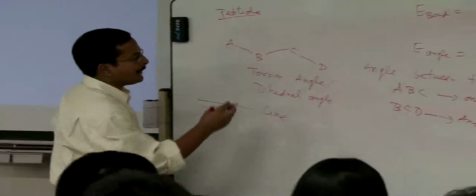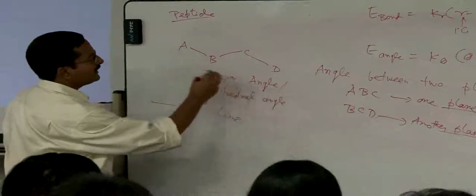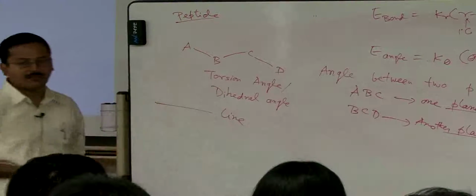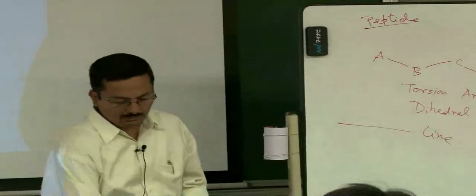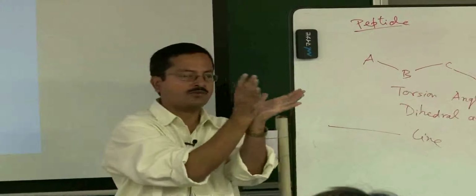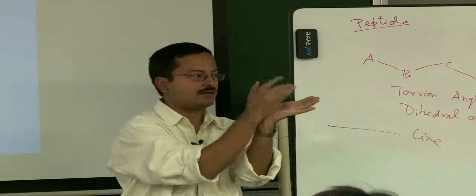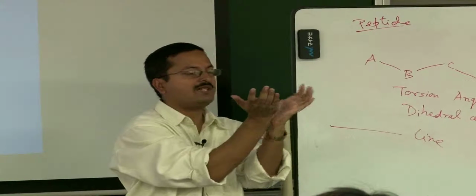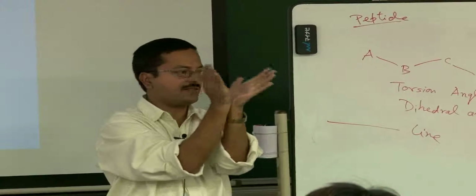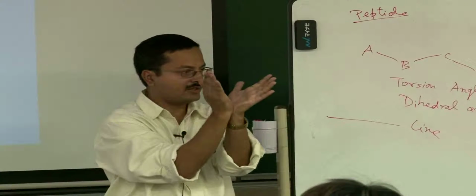In this torsion angle definition, these 3 atoms are in one plane and these 3 atoms in another plane. So, it can move. If they change, this is the angle between the planes, this is torsion angle.